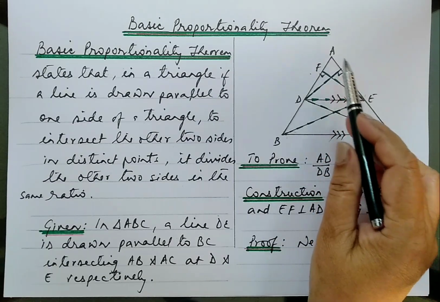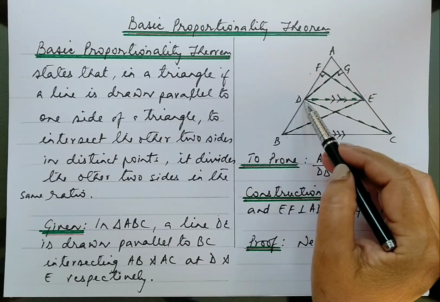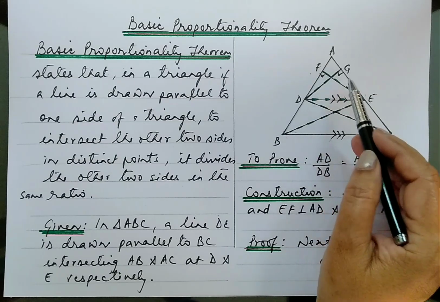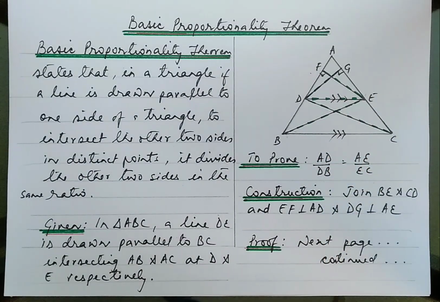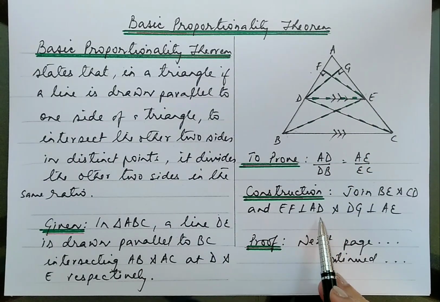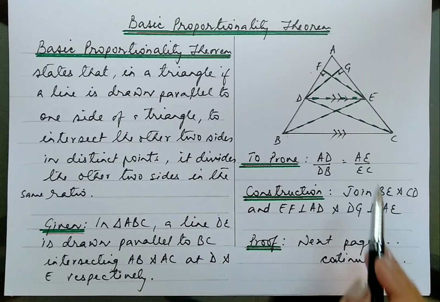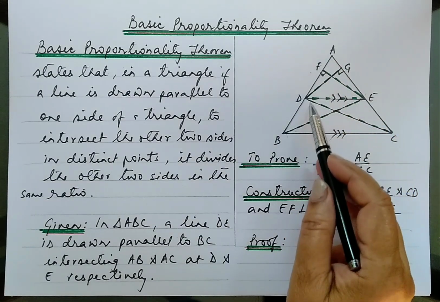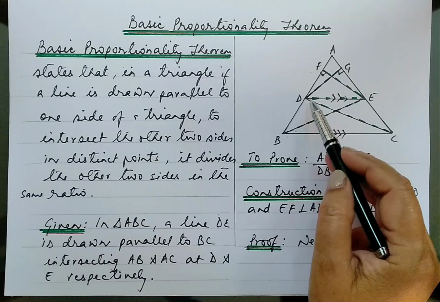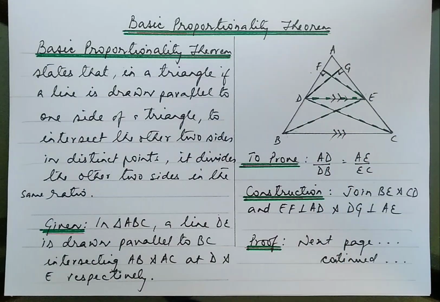EF and DG have been dropped on the two sides respectively, correct? So EF is perpendicular to AD and DG is perpendicular to AE.